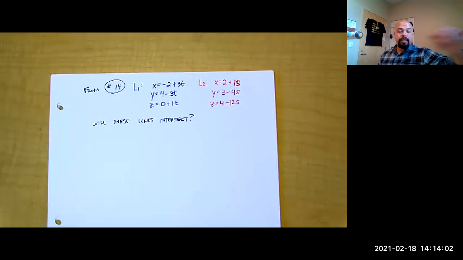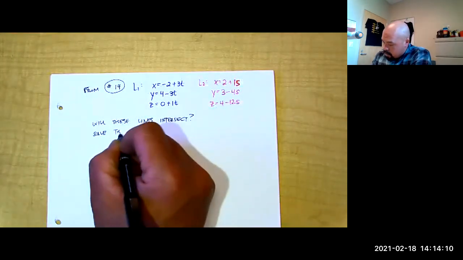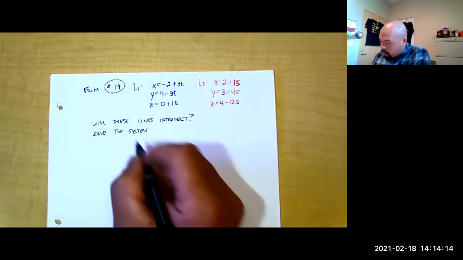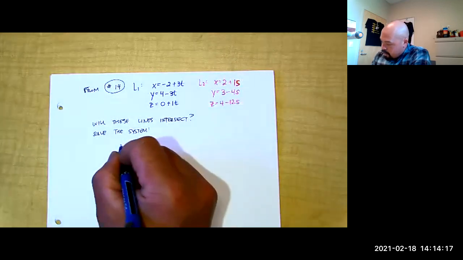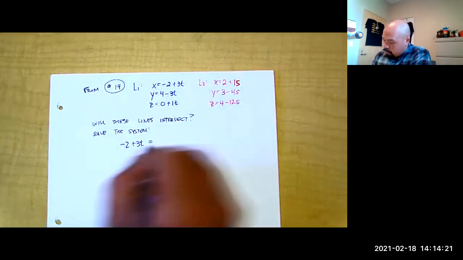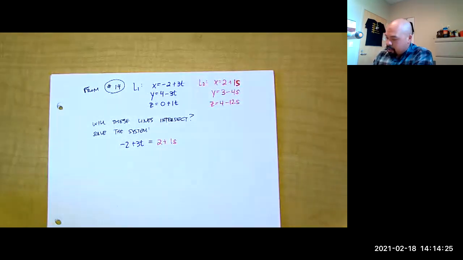Are those lines going to intersect? We're going to try to solve this system, right? That -2 plus 3t is going to be equal to 2 plus 1s, or just s there.